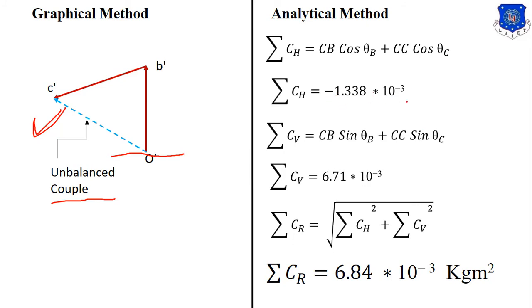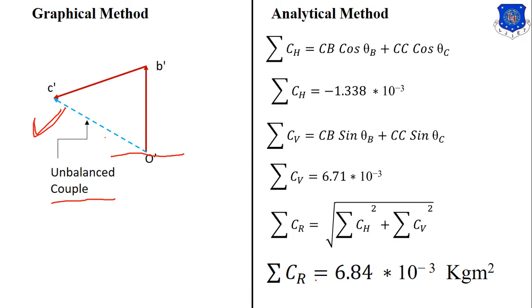Similarly, we calculate the couple vertical and we get 6.71 into 10 raised to minus 3. Now let us calculate the resultant, which is 6.84 into 10 raised to minus 3 kg meter square. If you take a scale and draw this diagram, it is exactly the same as what you get in the couple resultant.